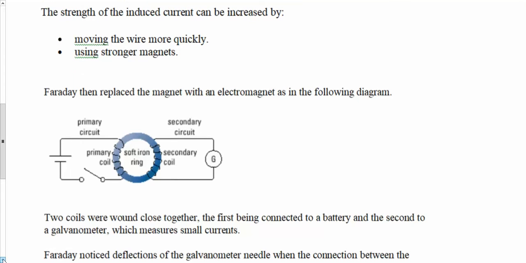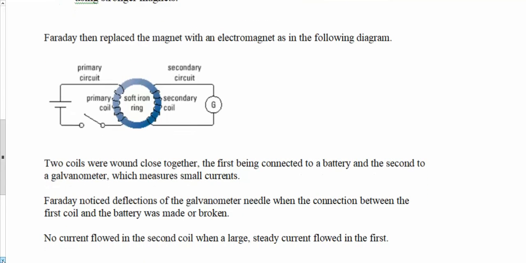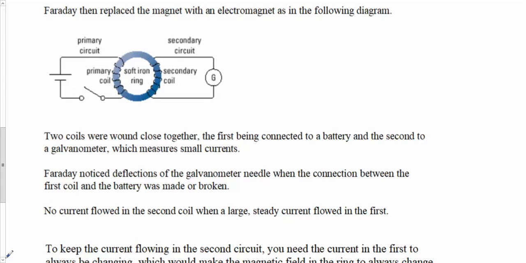So then he came up with this setup here, which is pretty impressive. I've got a wire, a circuit with a battery and a switch. This part of the circuit is wrapped around this iron ring, not necessarily touching the iron ring, just wrapping around it. And the same thing here, wrapped around it. A galvanometer measures current.